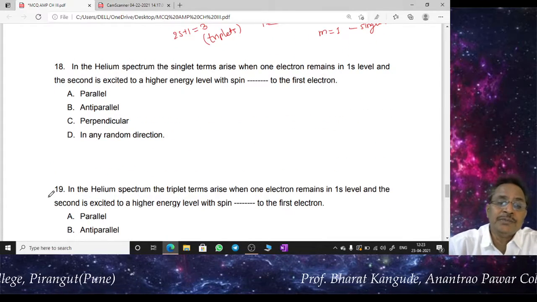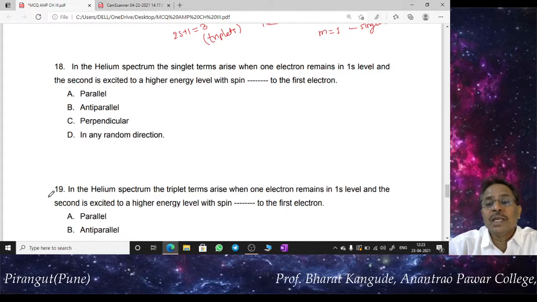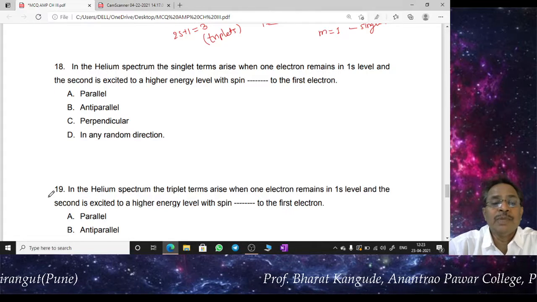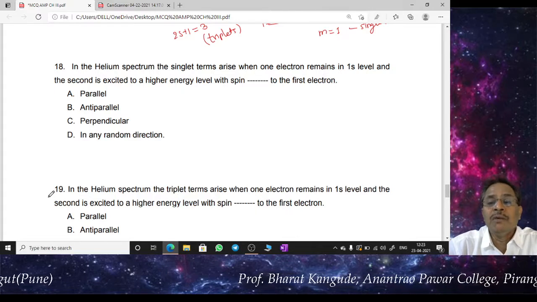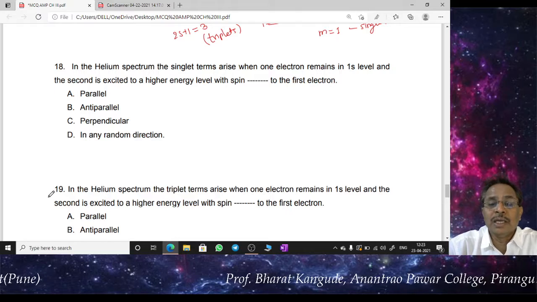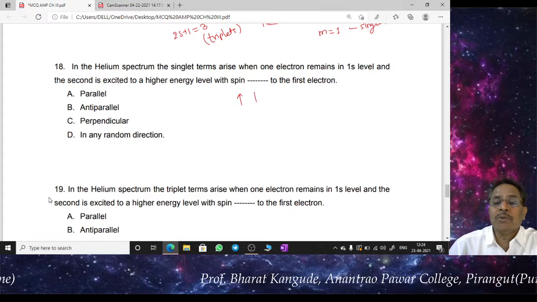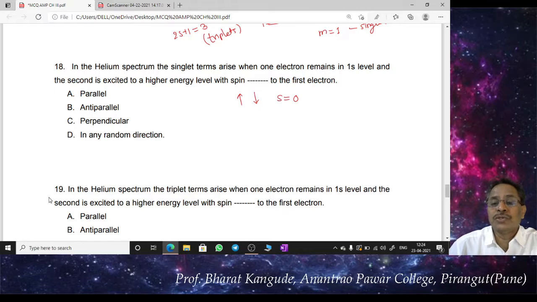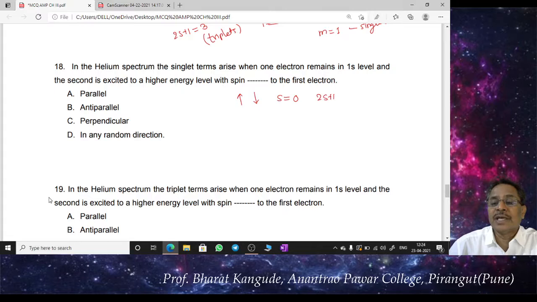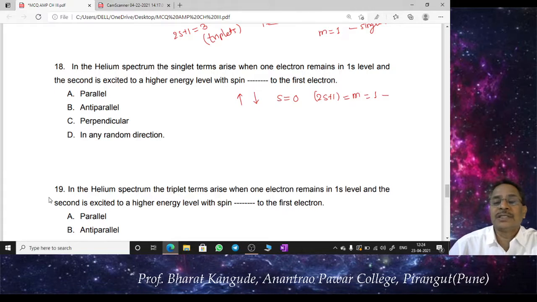Then question 18: in the helium spectrum, the singlet terms arise when one electron remains in the 1s level and the second is excited to a higher energy level with spin. Okay, so again, singlet means one electron spin is up and one electron spin is down, and therefore capital S is equal to 0, and again the multiplicity 2S plus 1 gives you 1, and singlet states are possible.